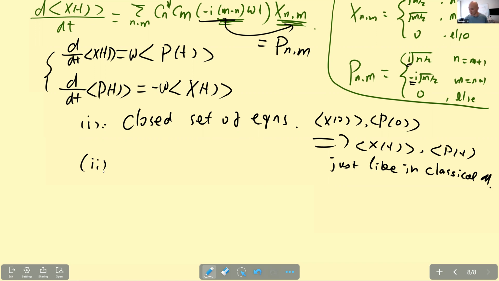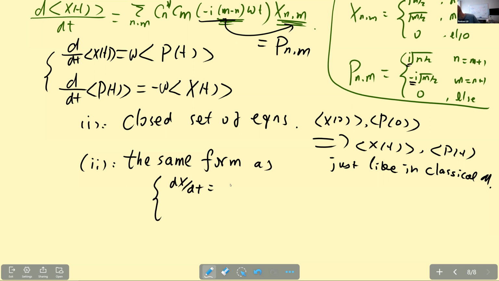And secondly, it's the same form as the classical mechanics equations.